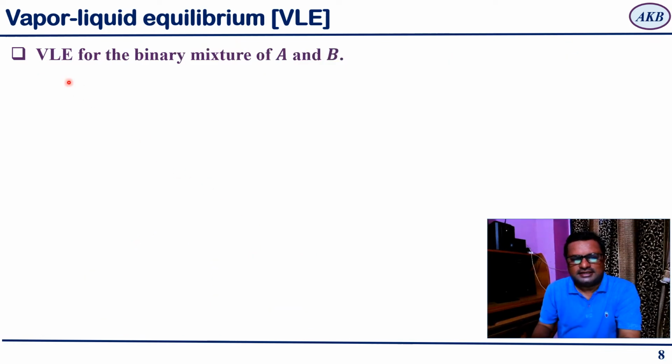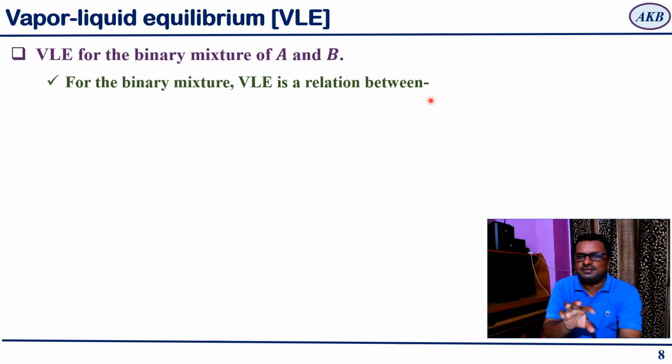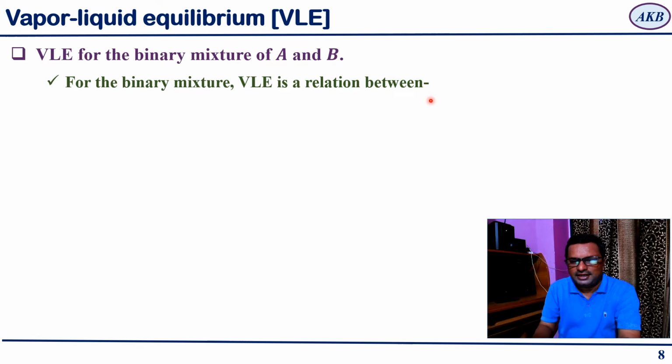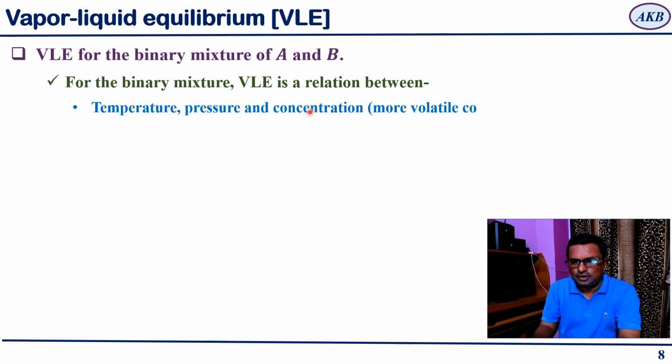Now let us discuss VLE for a binary mixture. For a pure component, it was simply a relation between vapor pressure and temperature. But for a binary mixture, VLE is a relation between temperature, pressure and concentration of the more volatile component.